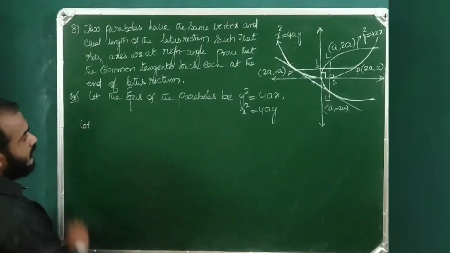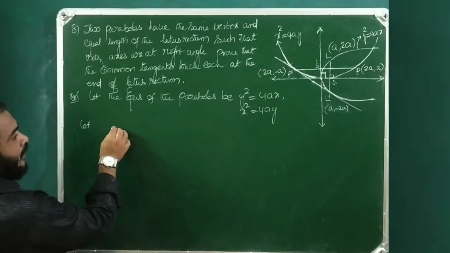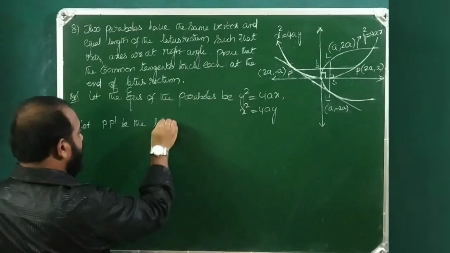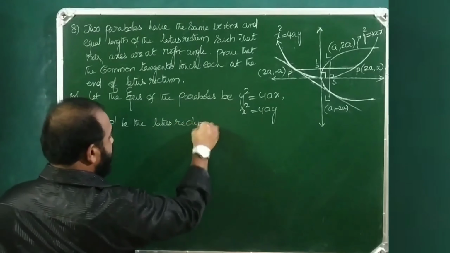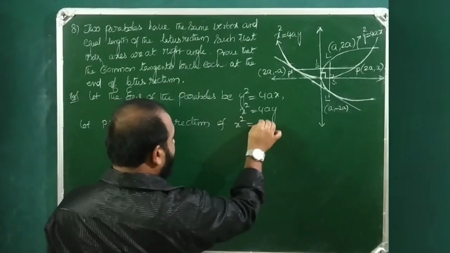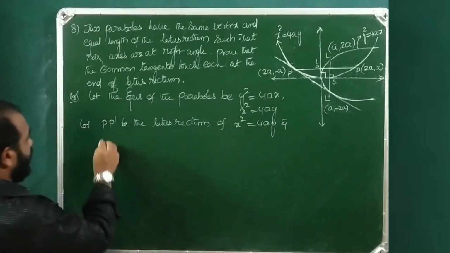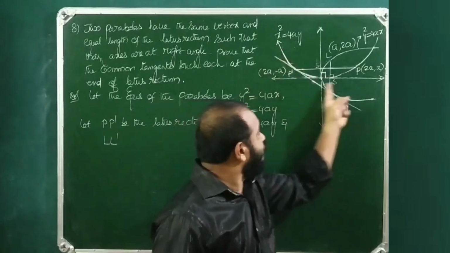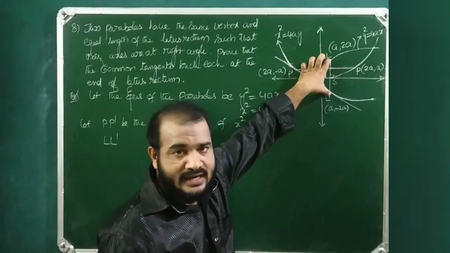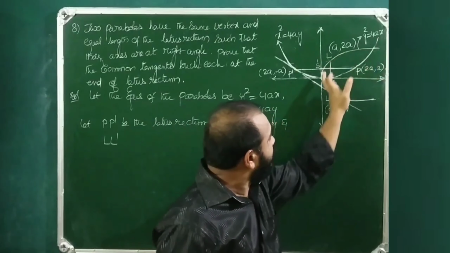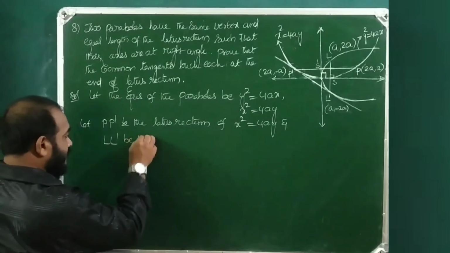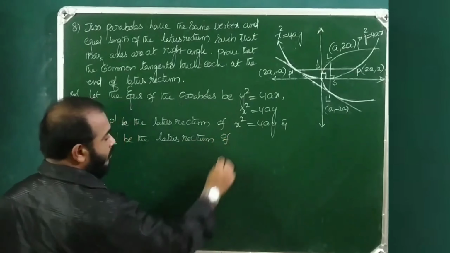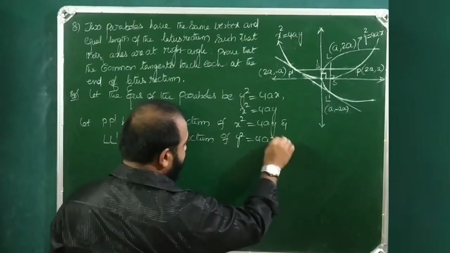So let P dash be the latus rectum of x square equals to 4ay, and let L dash be the latus rectum of the parabola y square equals to 4ax.